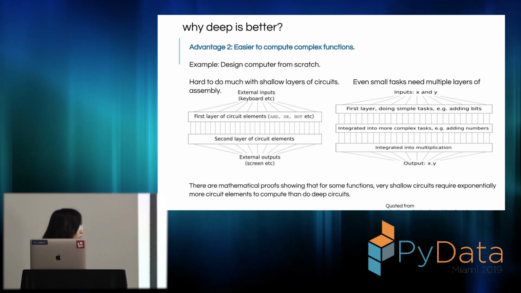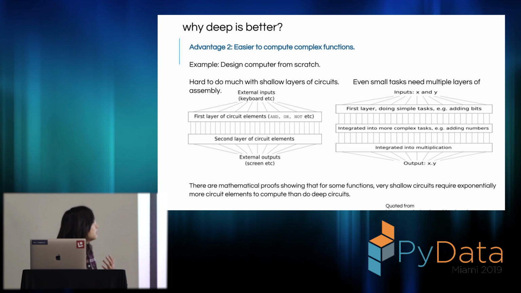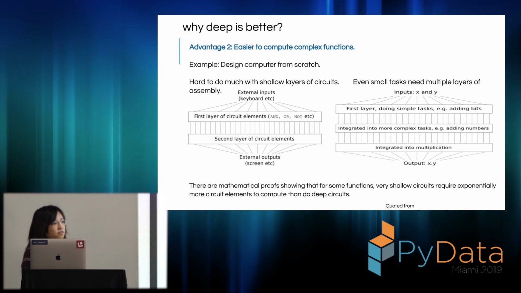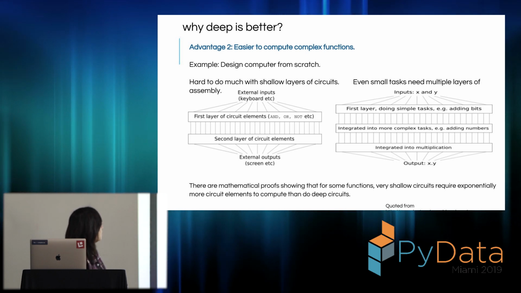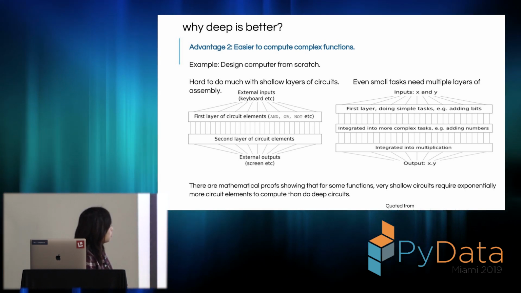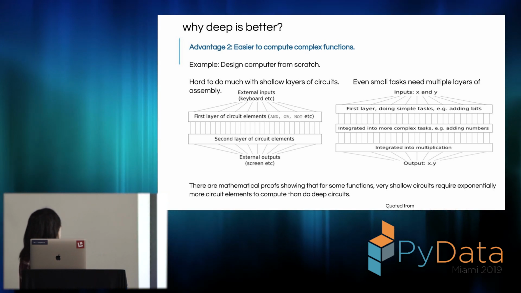So the second benefit is it has been shown that a deep network can compute any kind of complex function. This is an analogy we quoted from Michael Nielsen's neural networks and deep learning book.